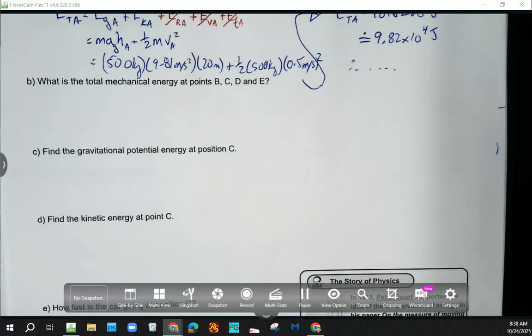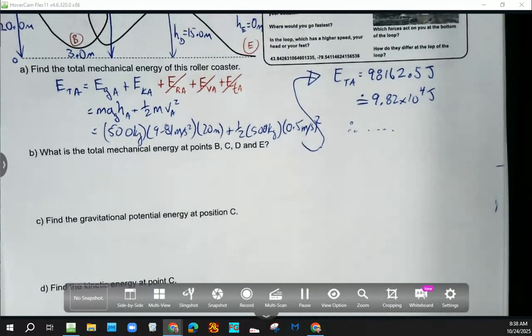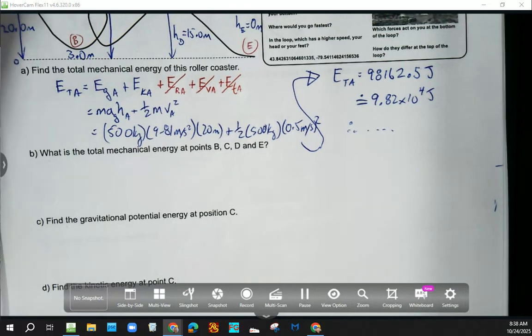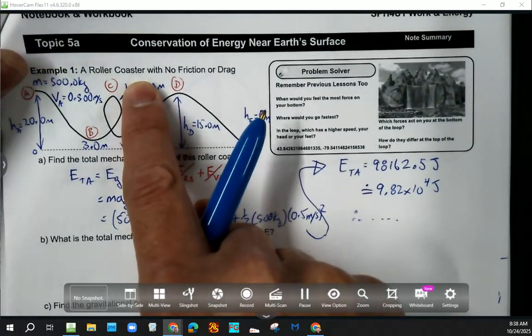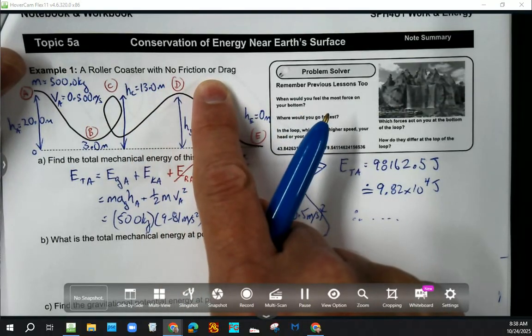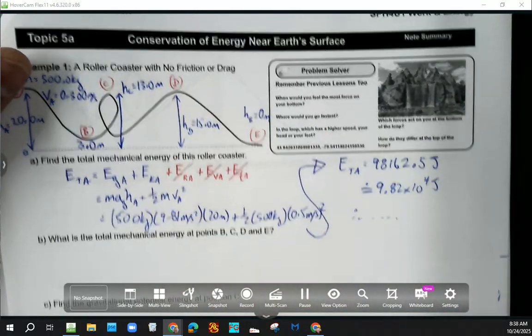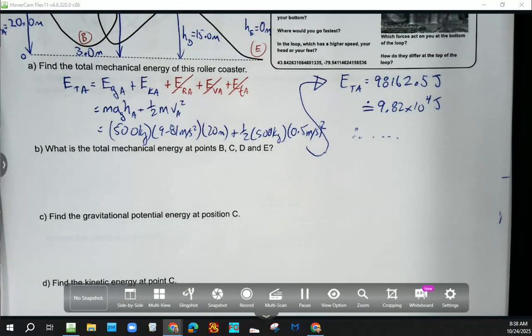What's the total mechanical energy at points B, C, D, and E? Now, I mentioned the idea of energy loss earlier, but if I go back up to this header, it says with no friction or drag. So with that assumption in mind, what's the energy going to be at points B, C, D, and E? Same, yep.